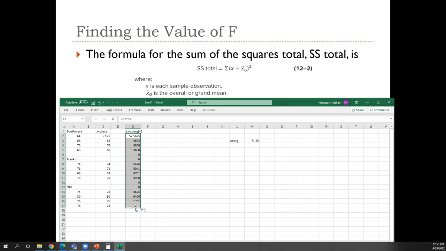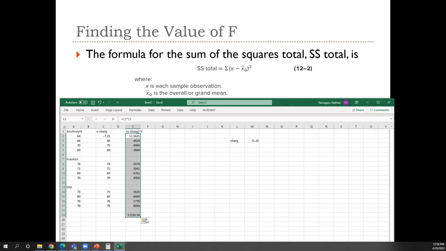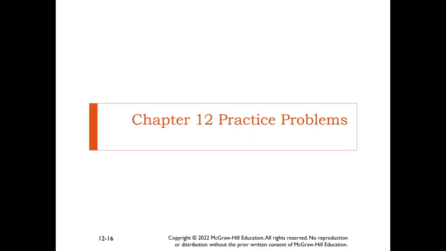So again, calculate, boom, get rid of our zeros, even though they have no effect on this one, and find the total. Okay, so we have a large number here. It's usually always going to be a large number for the total.